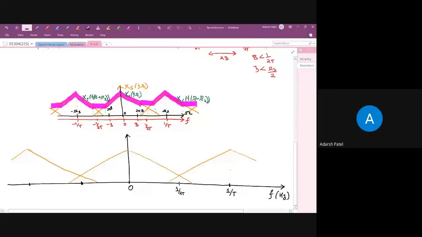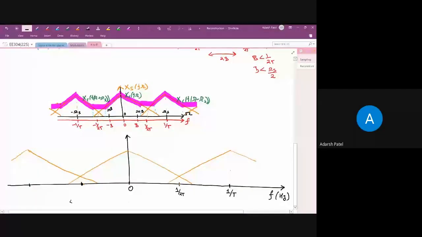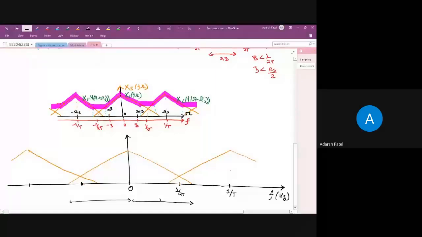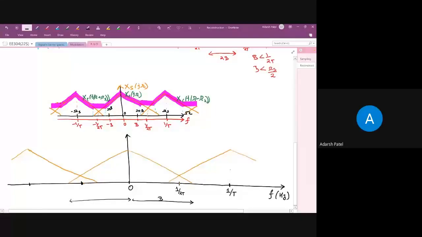And B was the bandwidth of the signal, minus B and plus B. Where capital T is nothing but the sampling duration.